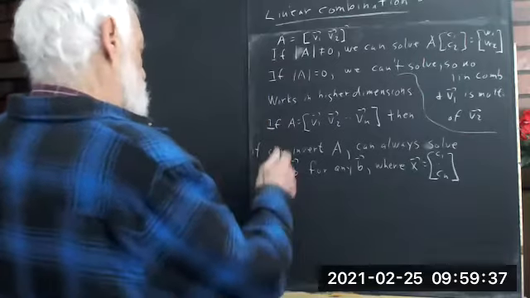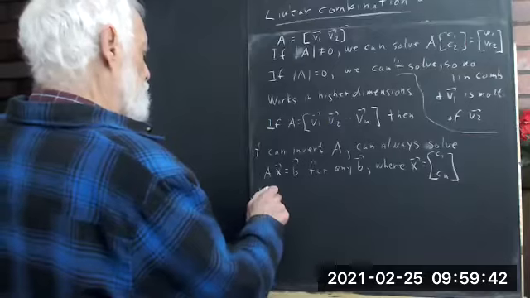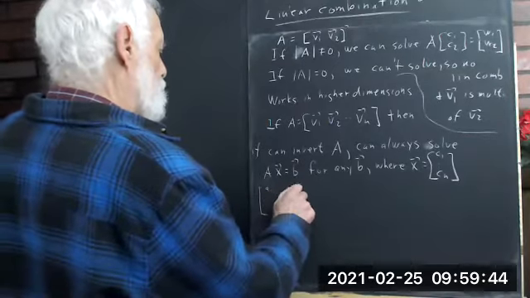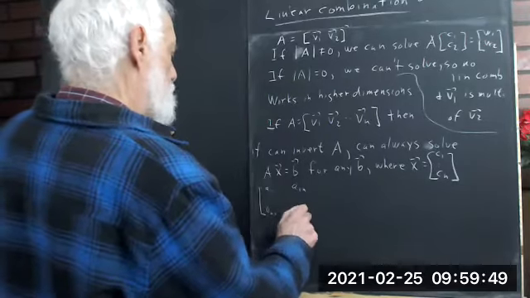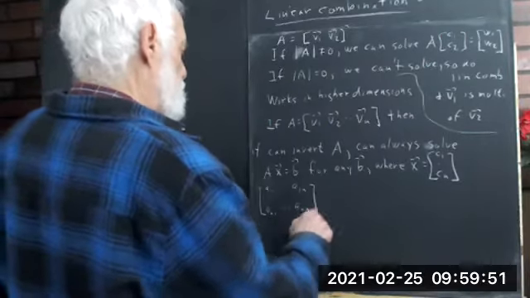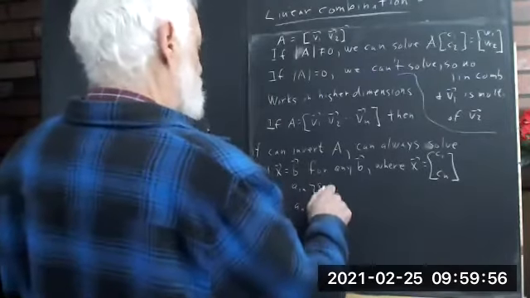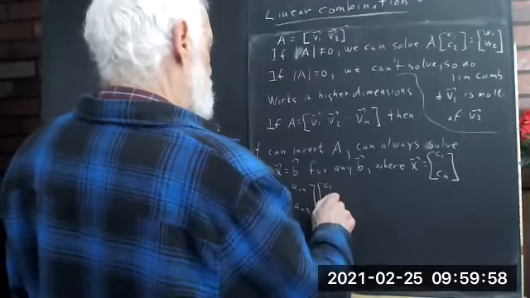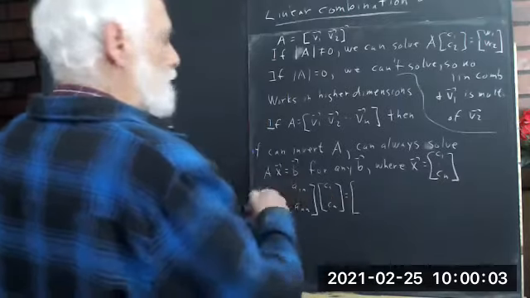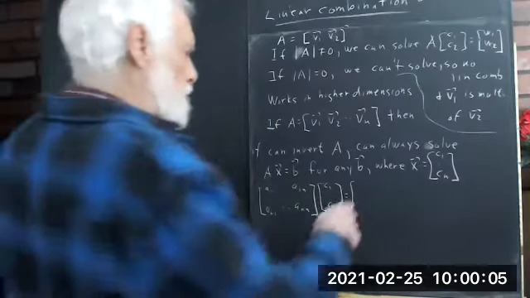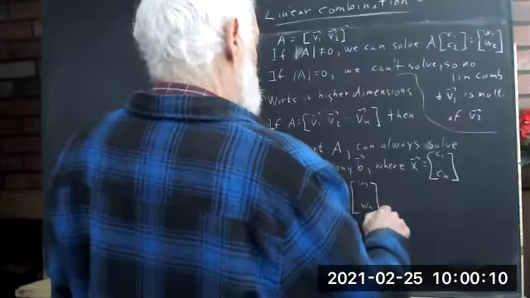This could be A11 through A1n, down to An1 through Ann. That'd be your A matrix. Your X matrix would be C1 through Cn. And if B is your W vector, maybe that would be W1 through Wn.